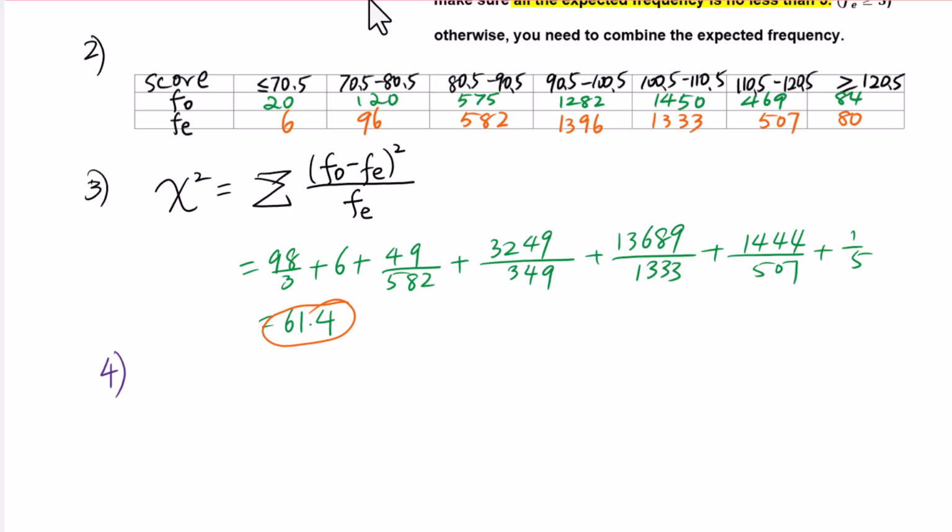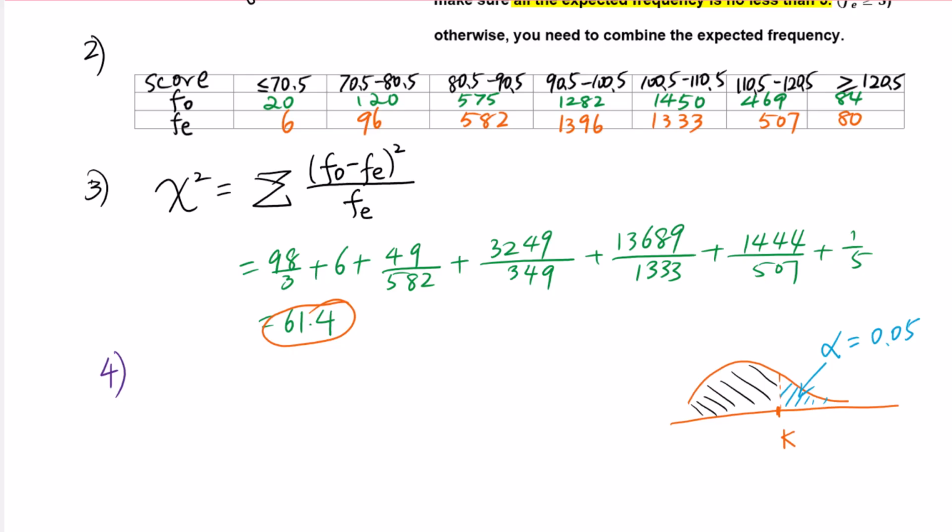The next step, we need to get a critical value. Let's draw this chi-square distribution. This is a critical value K. This area is a significance level. In this problem, significance value equals 0.05.